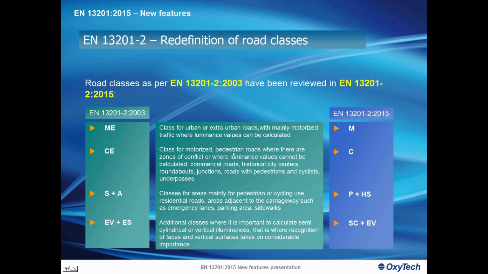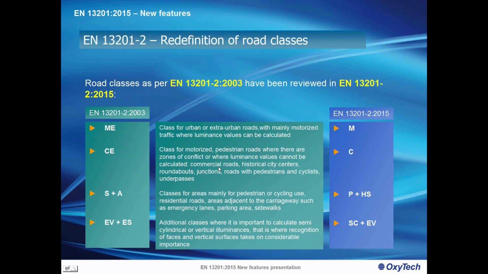which was for motorized pedestrian roads where there are zones of conflict or where luminance values cannot be calculated. It means, for example, that at a roundabout, which is a conflict area, it is quite difficult to calculate the luminance in the same way as we calculate on a straight road, which is performed through the ME classes.